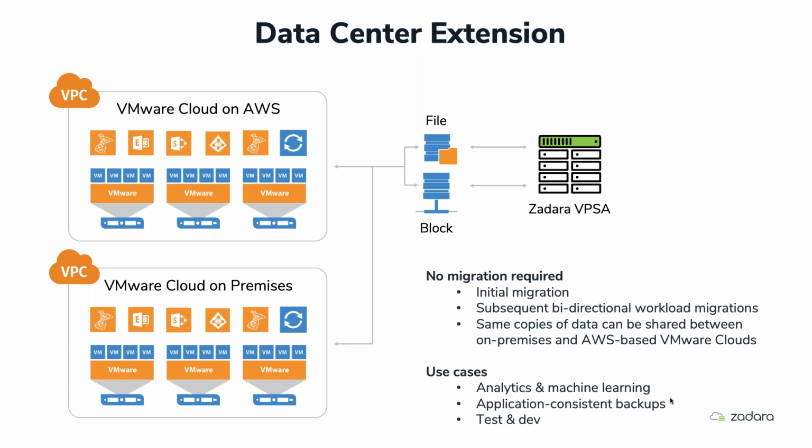Now, what do you get? Hey, look, you don't have to do a migration, right? If the network delays work for you, nothing migrates. It's all in one place. And then you can move the data any which way you want. You can also create all kinds of copies, which would include snapshots and clones and remote clones, a lot of data mobility capabilities.